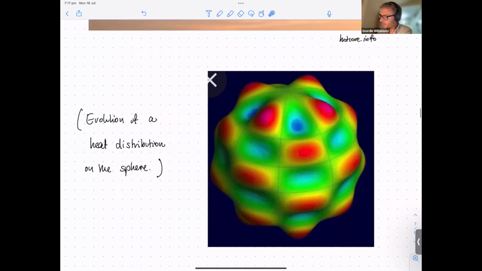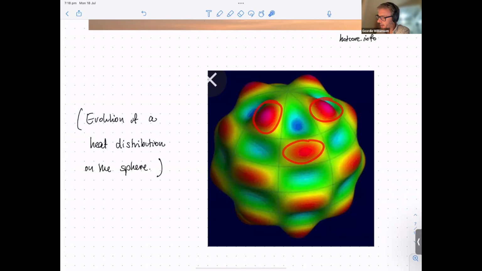Another example is here. I tried to find an image on the internet of a heat distribution on a sphere. Okay, so this is meant to be a sphere. And on this sphere, you have areas that are very hot and you have areas that are cold. And you could imagine that you want to, for example, train a neural net to predict the evolution of this heat distribution.